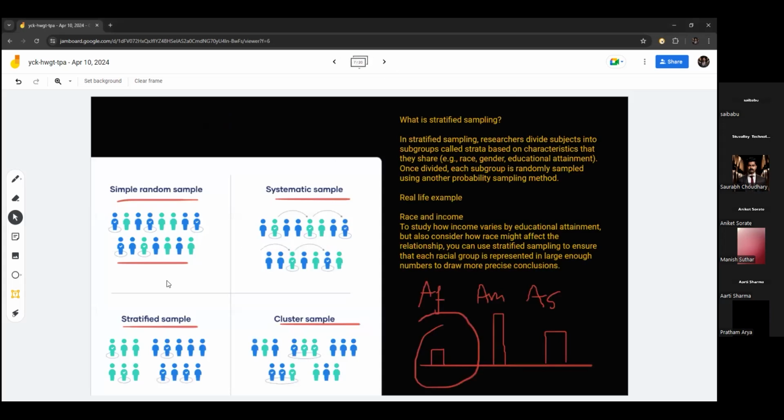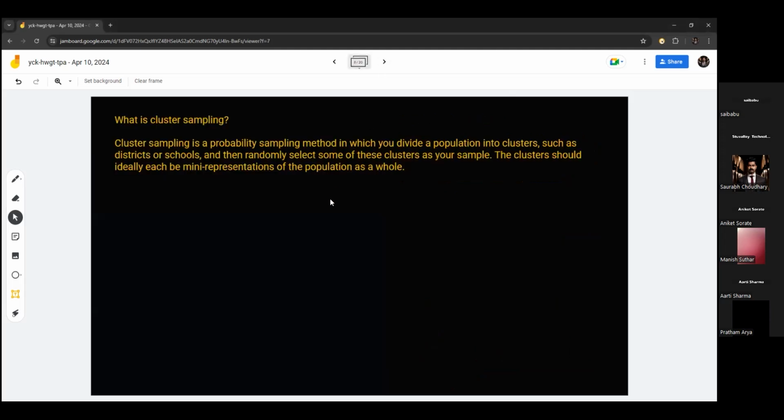In stratified, we were making the groups according to characteristics that they share, like race, gender, education, attainment, right? But in clusters, we are making them into a single group. I will also explain the difference between them because they are almost the same.